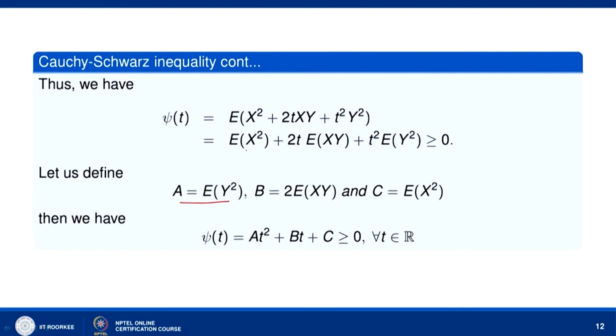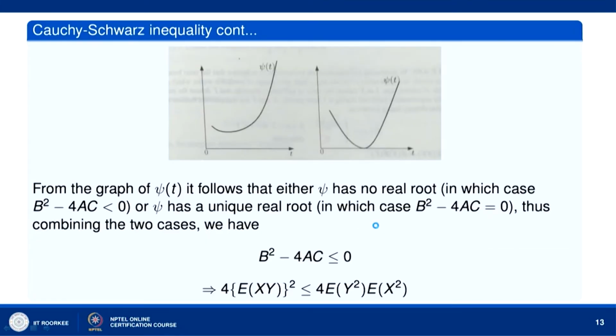Then psi(t) is equal to a t squared plus b t plus c, which is greater than or equal to 0 for every value of t belonging to R. Now, we have to see two graphs. Both are graphs of a t squared plus b t plus c, which is a parabola. So, this is a parabolic curve.